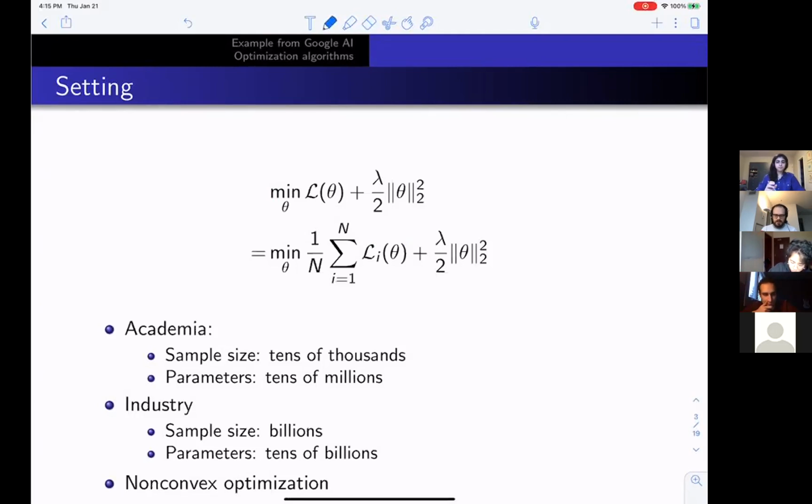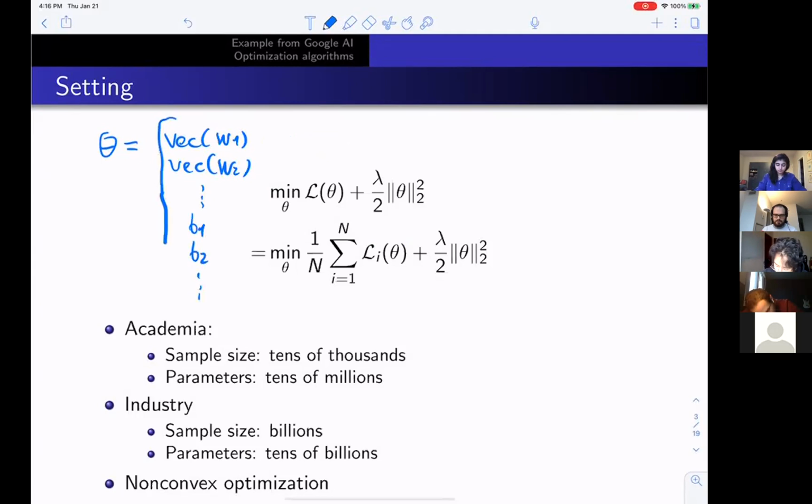The parameters of the architecture, which are going to be denoted by theta, are just vec(W1), vec(W2), etc., and then b1, which is the bias, b2, etc. You can think of vec as an operator that takes the matrix W and creates a long vector.